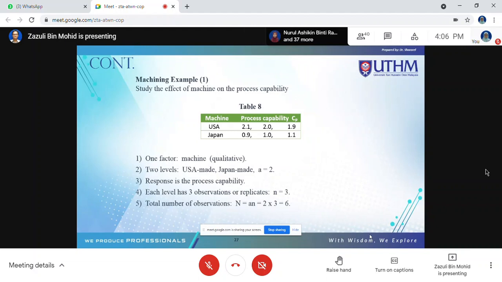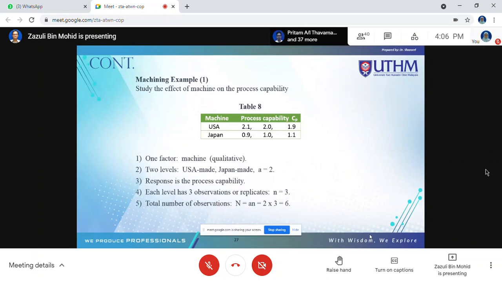This table shows the results of process capability on two types of machines. Okay, process output, okay, and the machine type is the input.